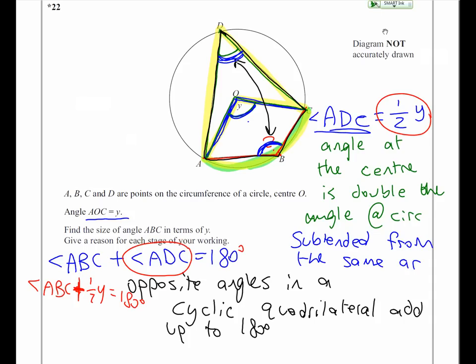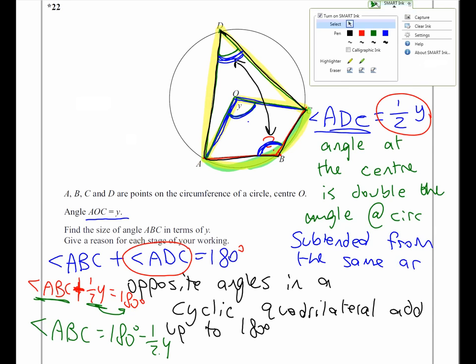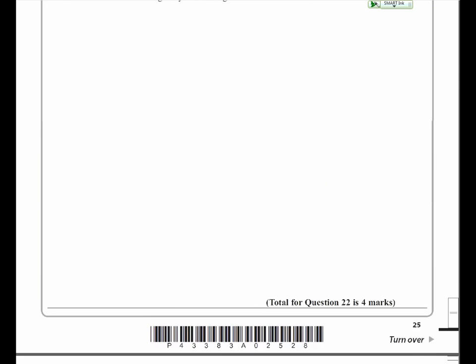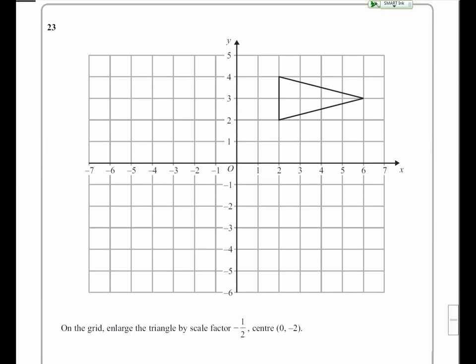Now we just want an equation for angle ABC. So all you're going to do is take that to the other side by taking away half y. Okay, job done. Quite a strange one because it's all in algebra, but it's the same rules that apply.